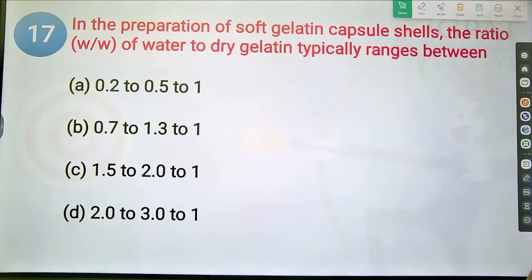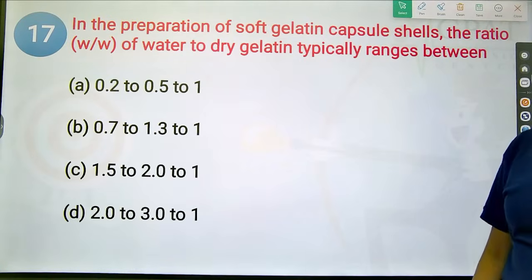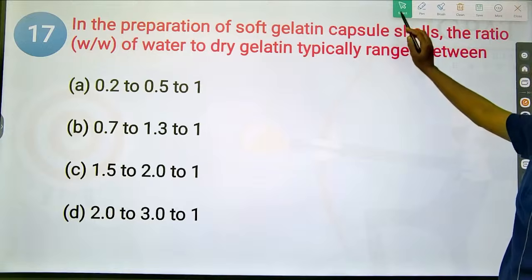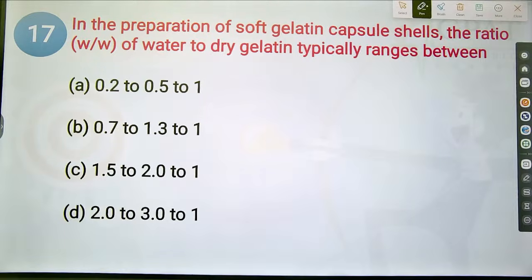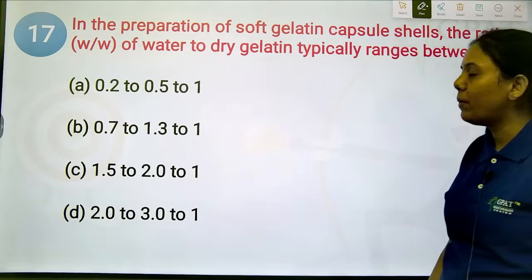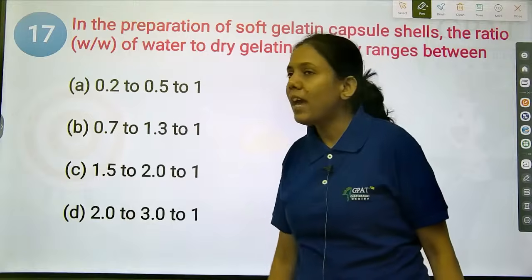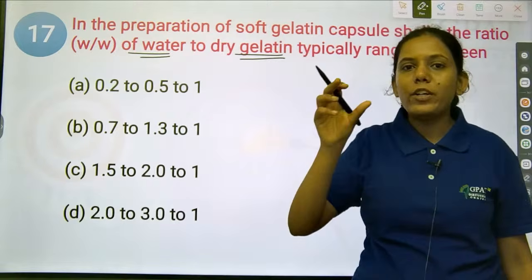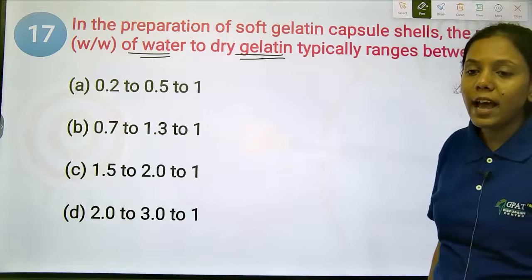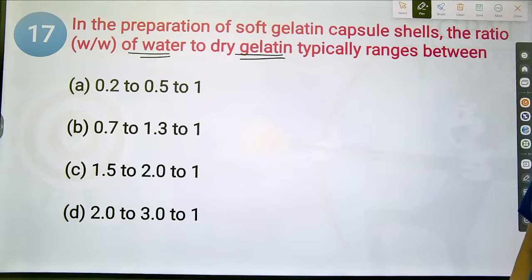Remember, apart from that you also have certain other kinds of plasticizer. Chalo, next is, in the preparation of soft gelatin shells, the ratio W/W of water to dry gelatin typically ranges between. There is a range for this. How much should the water be relative to dry gelatin in case of soft gelatin?